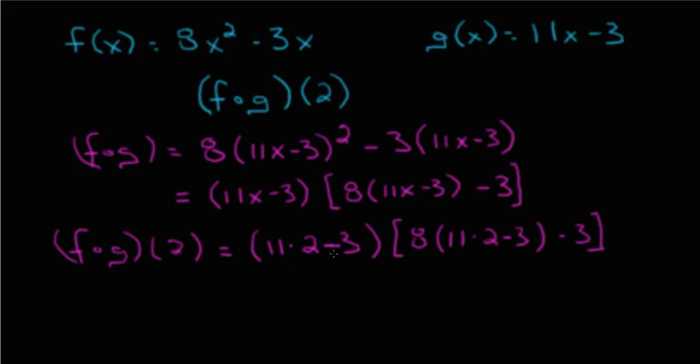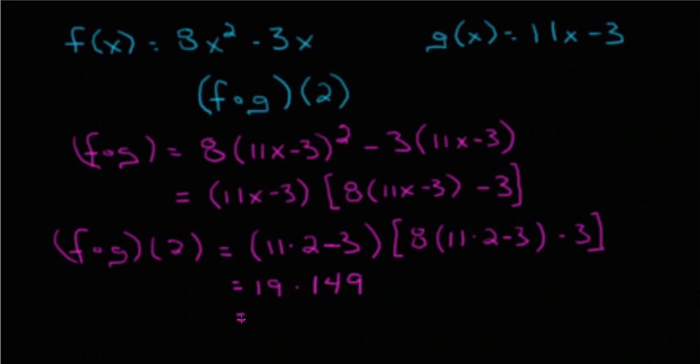So 11 times 2 minus 3, that's 22 minus 3, so that's 19. So then we've got 8 times 19, and I'm not even going to pretend to tell you that I can do that in my head. So 8 times 19 is 152, minus 3 is 149.